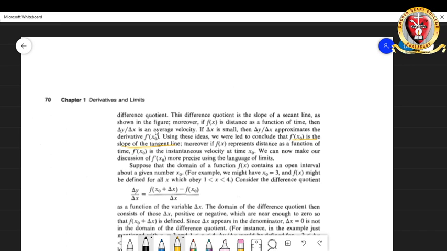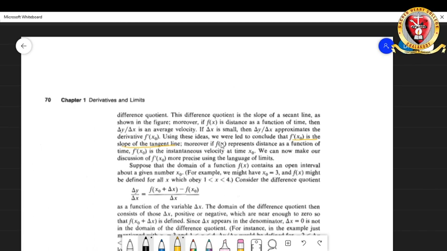That is, it is nothing but the derivative f dash of x naught. Also we know that if f of x is the distance as a function of time, then delta y by delta x will become the average velocity, and such ideas you can infer from that.